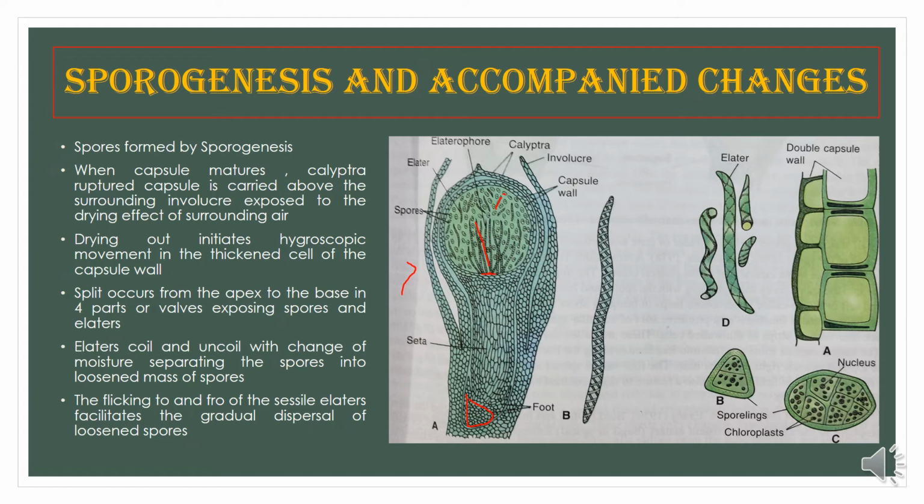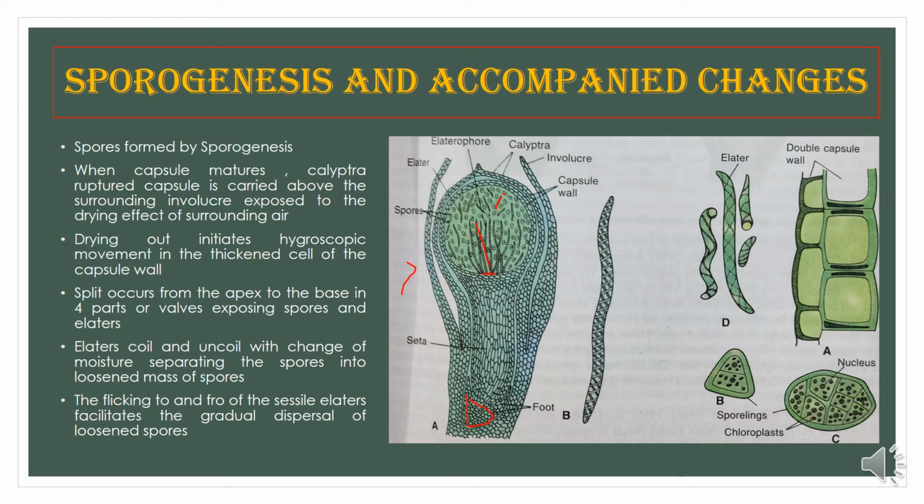Here we see they are attached to the bases. At least 50 to 100 such basal elaters, or elaterophore, are present, and the sole function of both the free as well as the basal elaters is to help in dispersal of the spores.